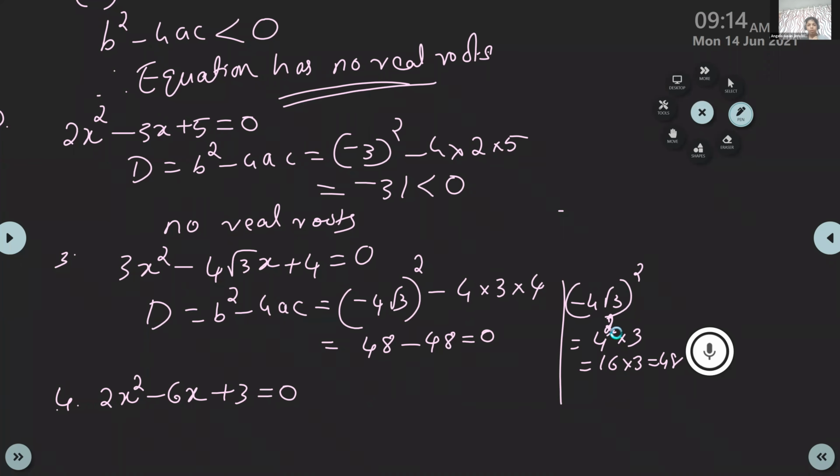No real roots. If D equal to 0, no real root. Check your note, we have written in a box. What will happen if D equal to 0?